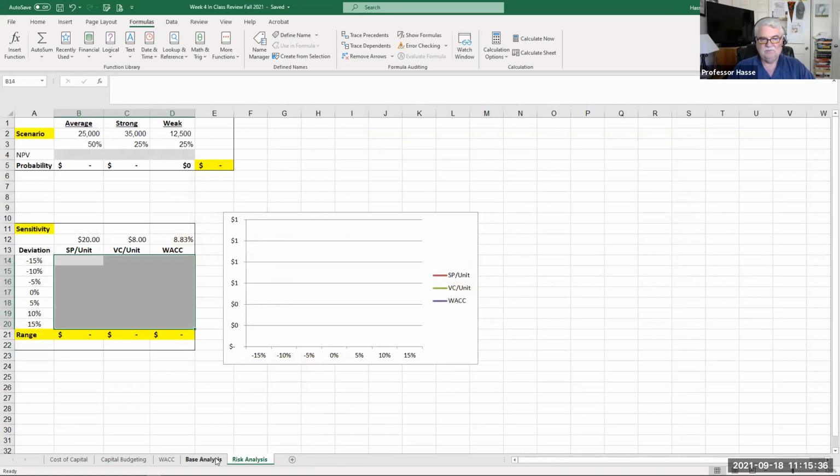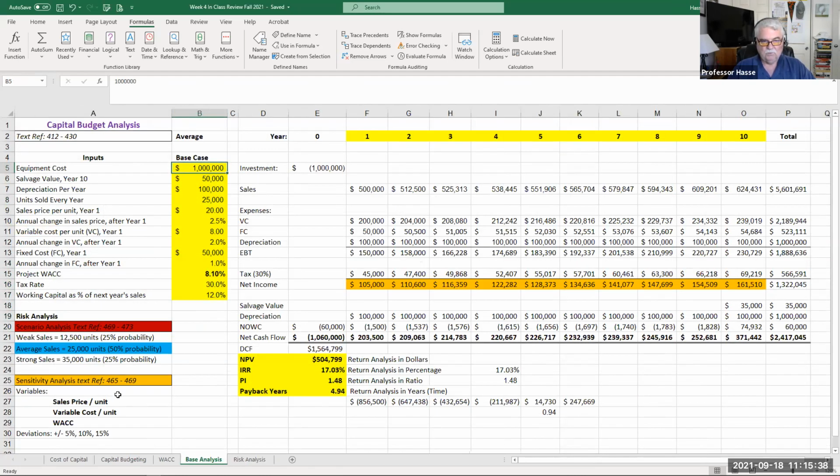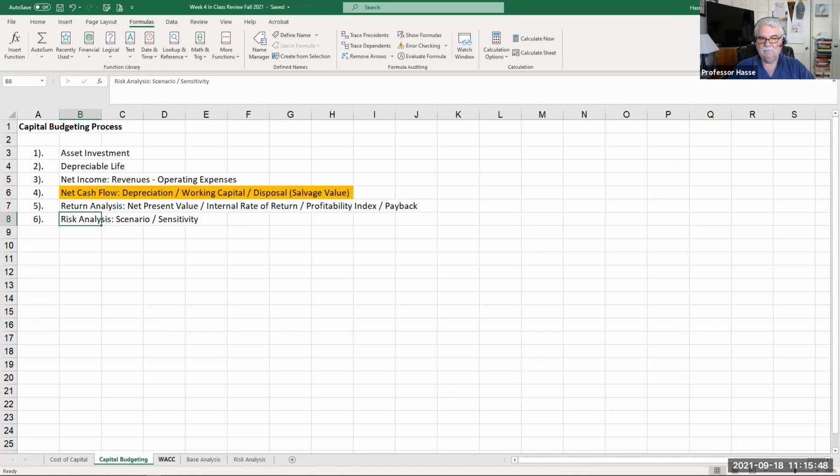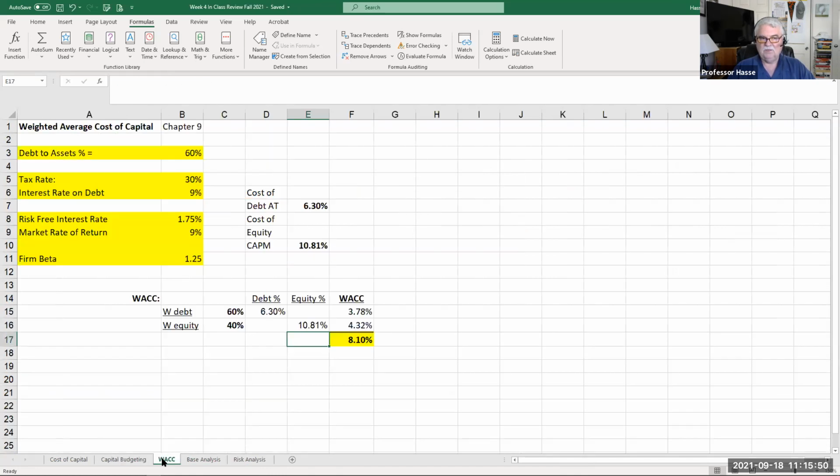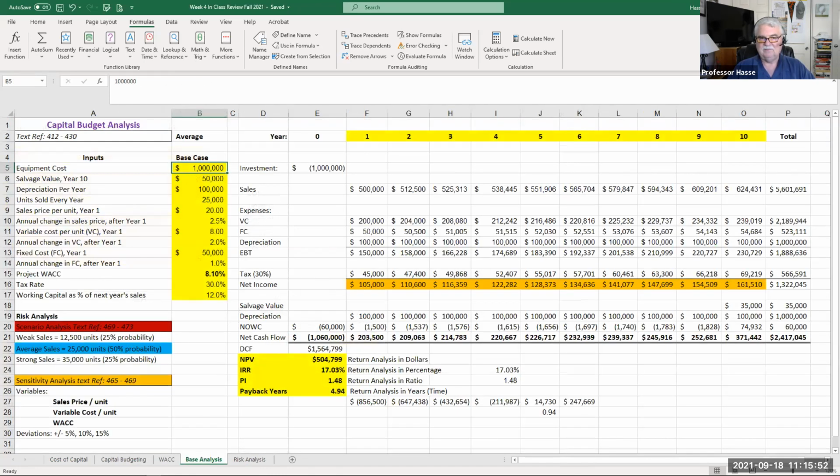And the risk analysis is on pages 465 and 469 of your textbook, and we will discuss that next week. Many of you have seen this process before, where you calculate the cost of capital. You do the base analysis to determine the returns in these various components.